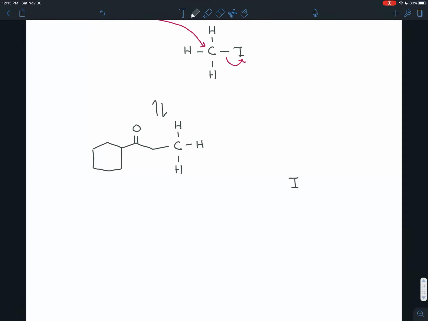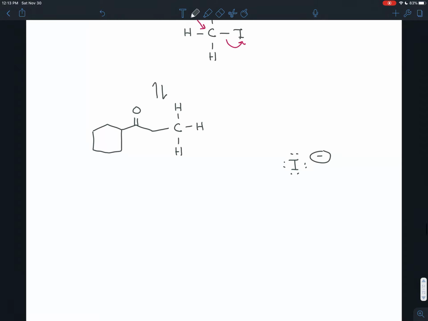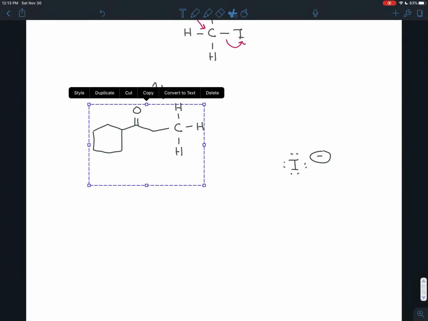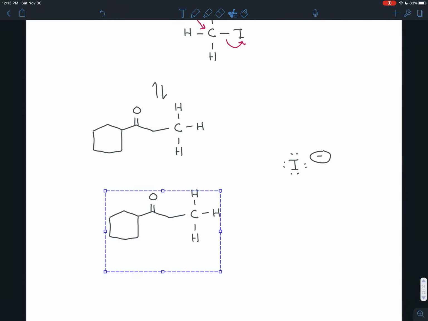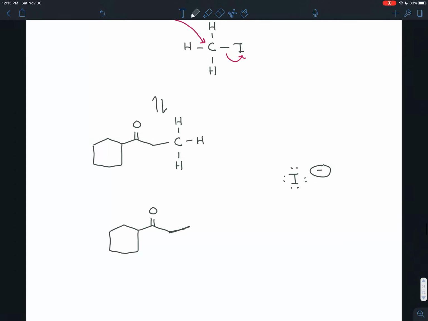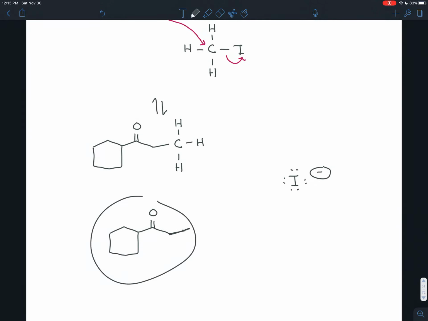And the iodine will be floating around, living its best life somewhere in the solution. And so if you wanted to just draw this as a pure skeletal structure, you would erase this carbon, all the hydrogens will be implied, and there you go. There you have it. So this is your product.